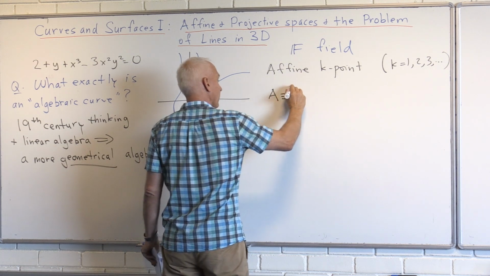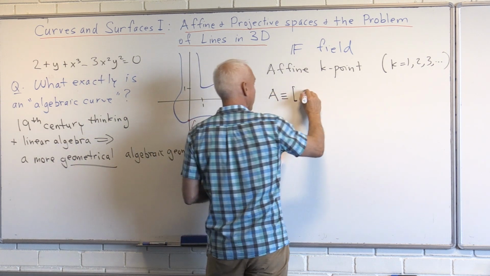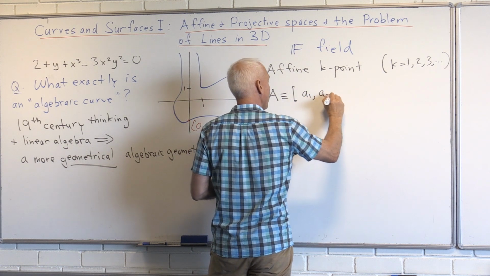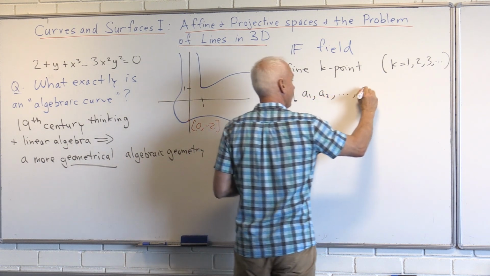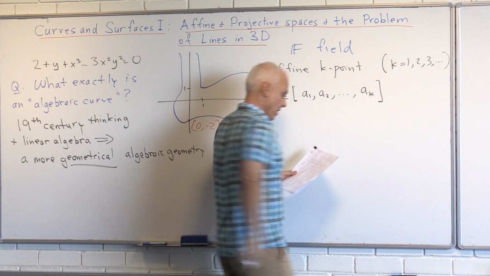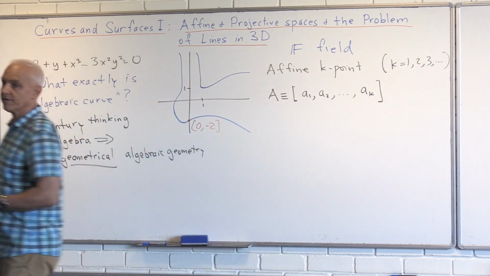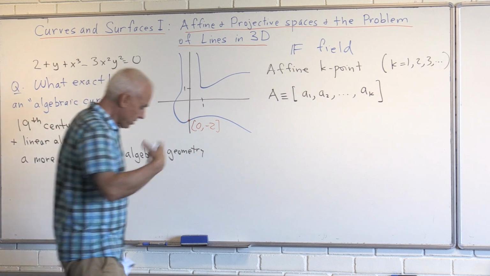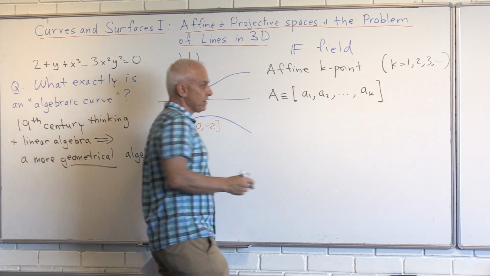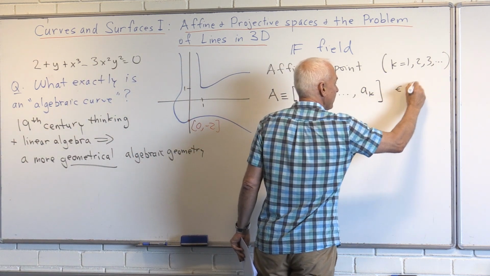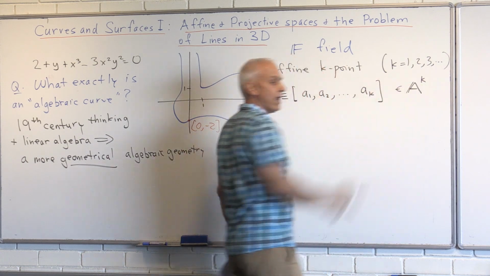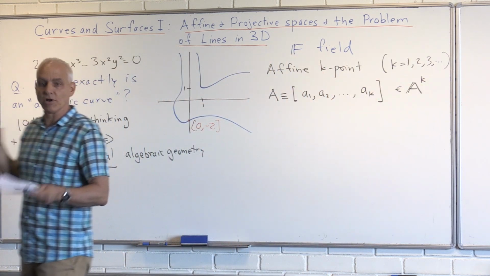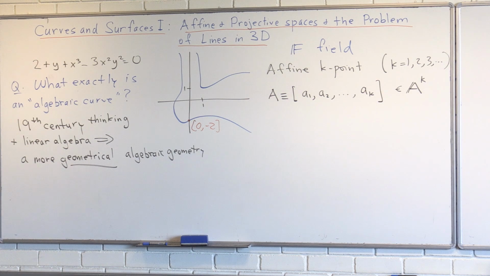So A, and it's going to have square brackets, and then A1, comma A2, comma dot dot dot, all the way up to A sub K. Okay, that is what an affine K point is. That's the definition of an affine K point. And when we talk about the space or the type of affine K points, we might use this symbol here, A super K, to denote that we're talking about affine K points.